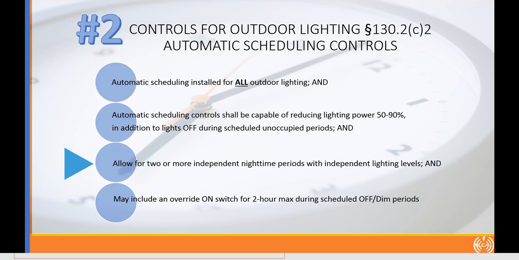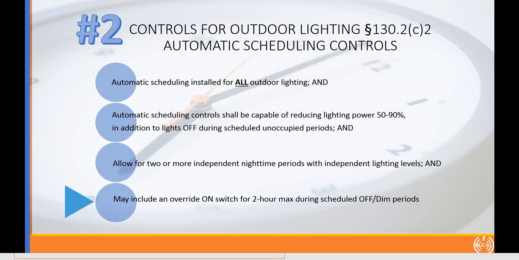So maybe the exterior lights turn on at dusk, and then at midnight it goes to another schedule where the lighting circuits or lighting dimming levels are at different levels. Or if we're doing circuits, maybe some of the circuits are off and some are on. So just having the capability of doing that allows us to meet this third requirement, or this third sentence.